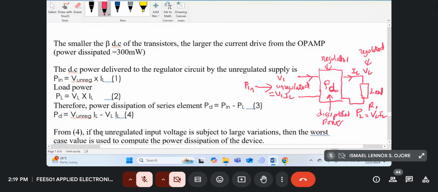And we can write it in equation form this way: PD is the regulated voltage into IL, minus the power dissipated in the load, which is VL into IL.